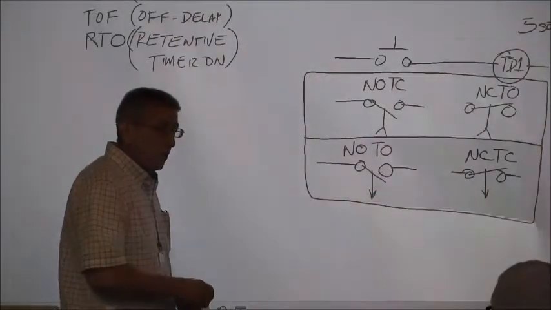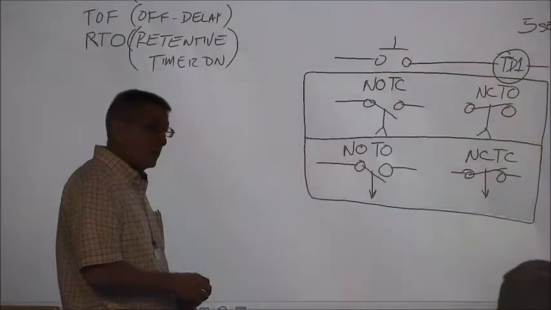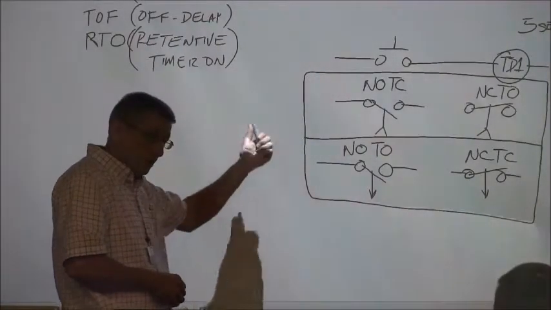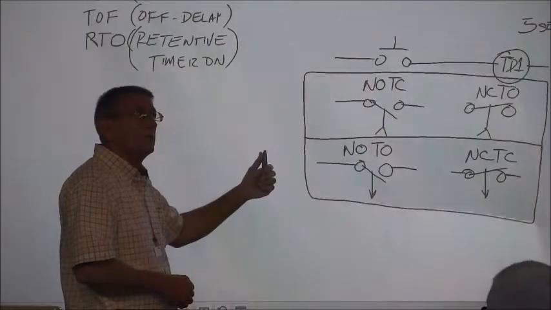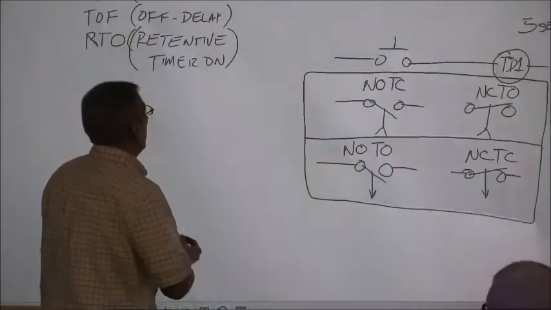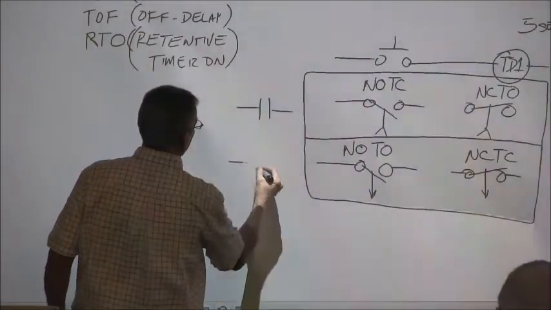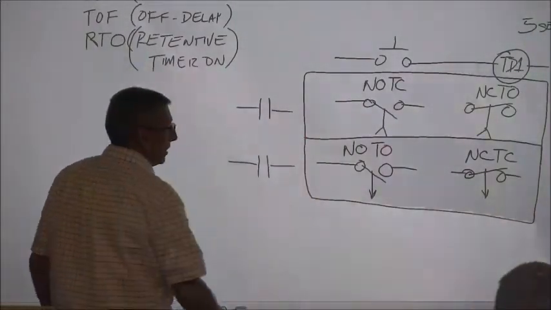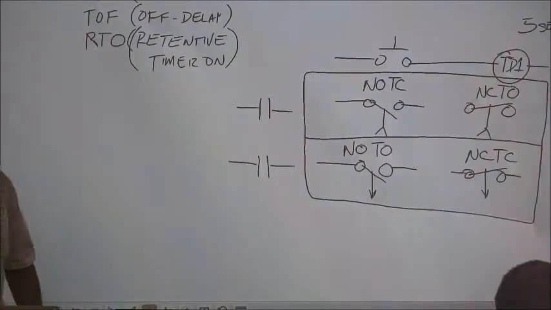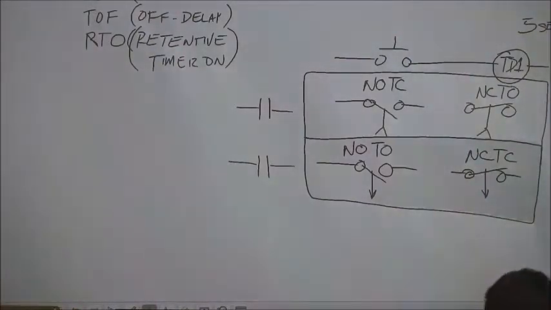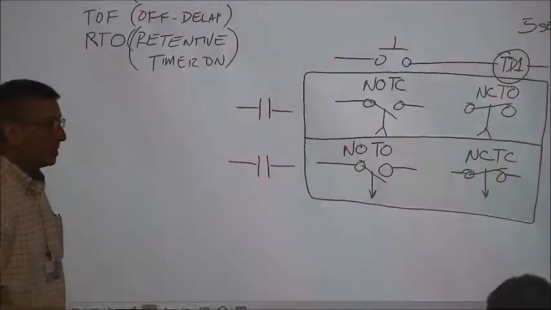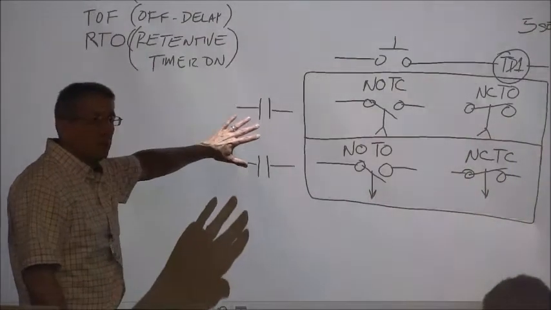There are also a couple of other sets of contacts in a timer relay too. Not all of them have them, but a lot of them do. They're instantaneous contacts, just like a regular control relay.